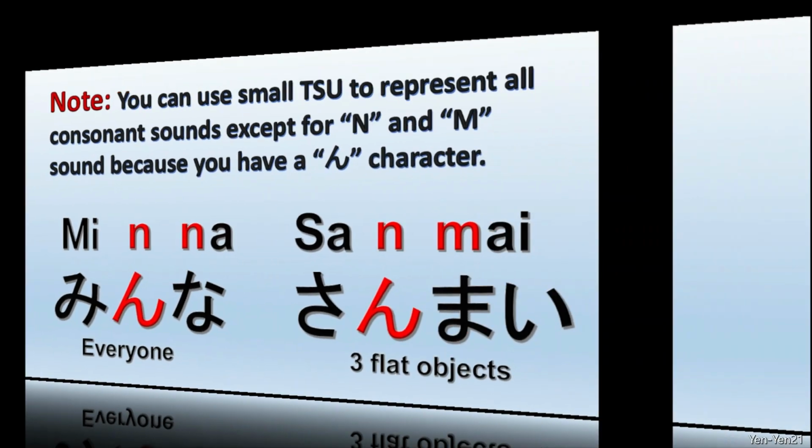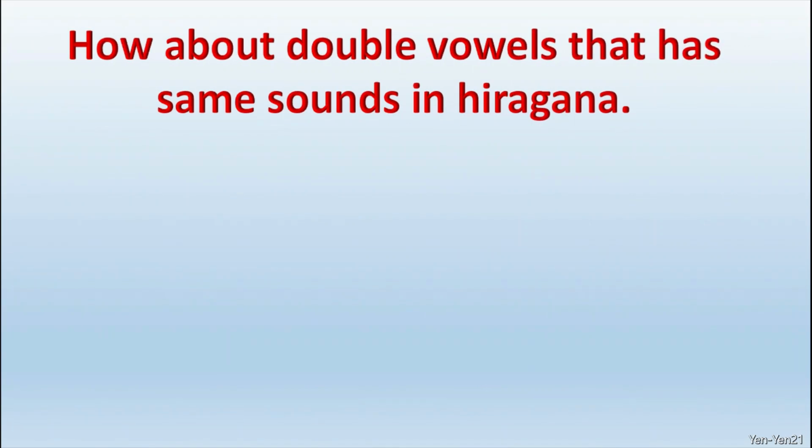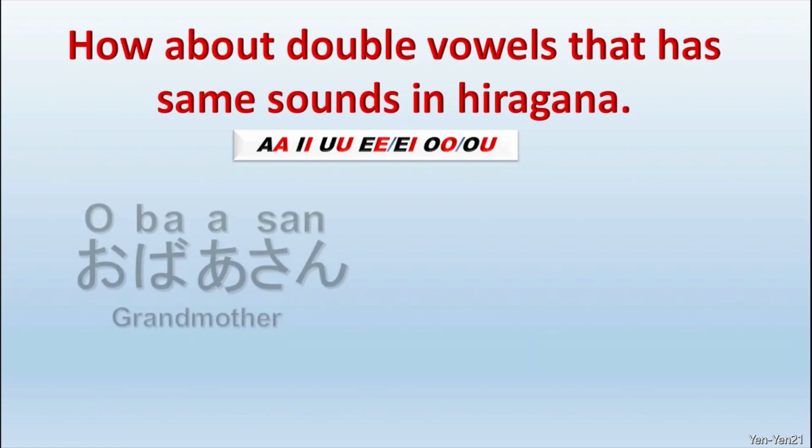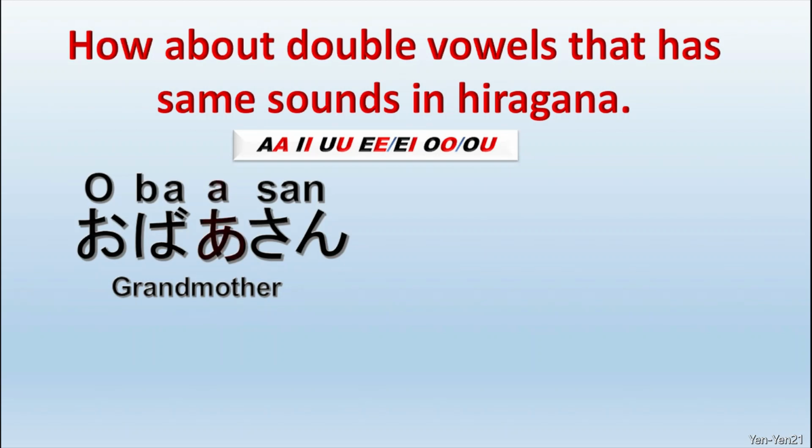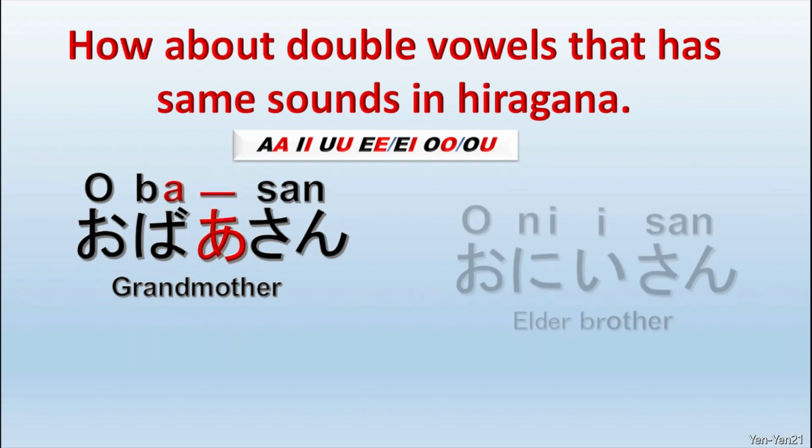How about double vowels that have the same sounds in hiragana? In this case, you will simply prolong the vowel sound of the given character. These are some examples. Obāsan. Obāsan means grandmother.